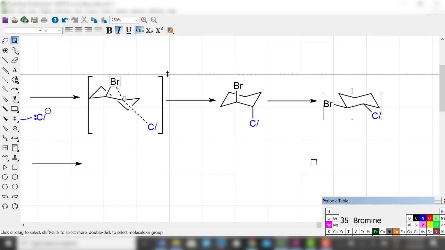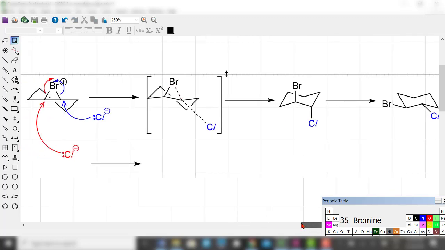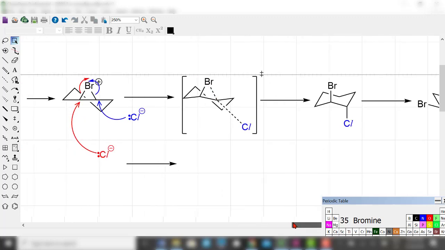My question to you is, if I'm going to get a product in the first instance having both substituents in the axial position, is it likely to form? The first thing that comes to your mind is probably not.